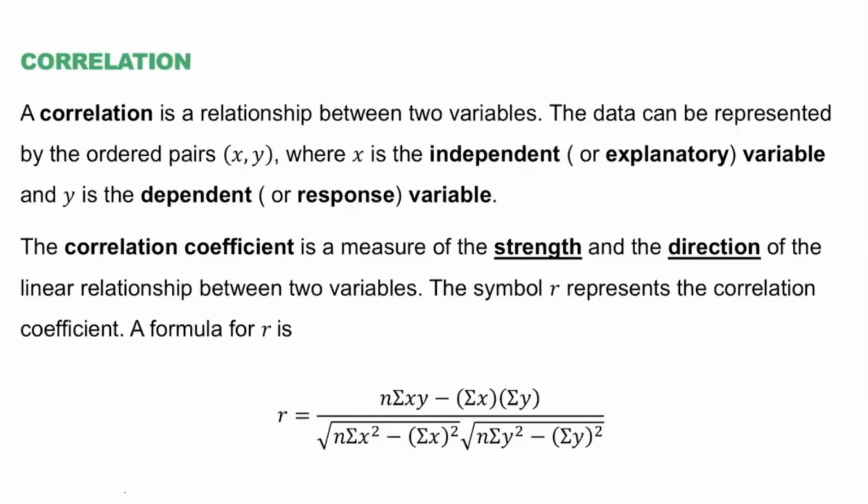And in the second square root, N times the sum of Y squared minus the sum of Y, quantity squared. By using this formula, we'll be able to find the strength of the relationship. Our course wants us to know how to find the correlation coefficient directly on the calculator and also by using this formula, so we must know both methods. Okay, I hope you have copied that.